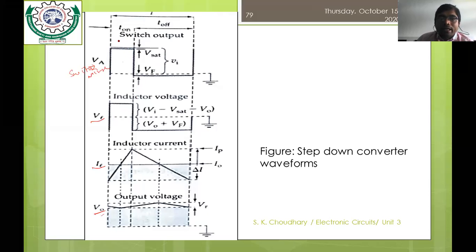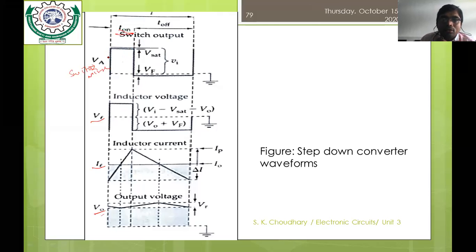So we know that the switch has, at the base terminal, the switching voltage that comes from the PWM output. So it has a T on time and a T off time. It is a time varying pulse.